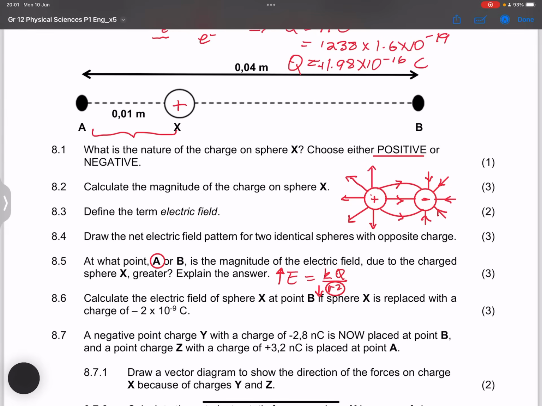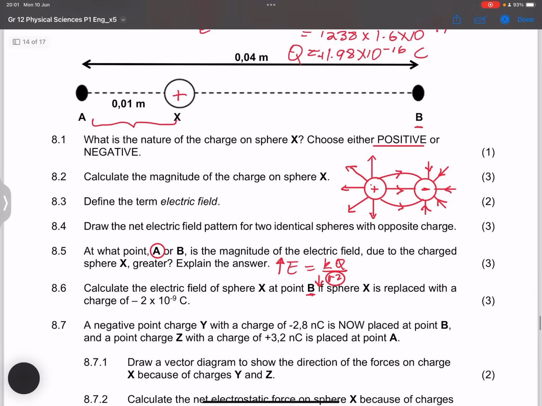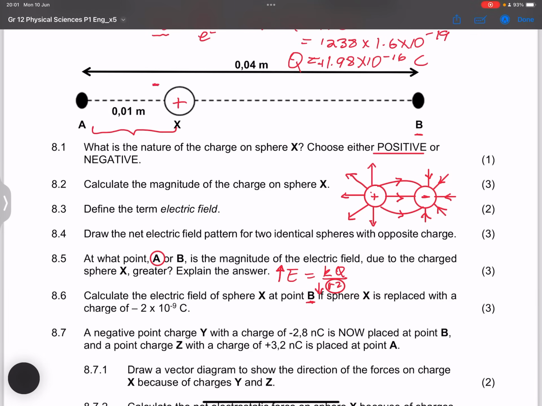Right, now they say calculate the electric field of sphere X at point B, so at this point here. And they say sphere X is now replaced with a charge of -2 times 10 to the minus 9 coulombs.